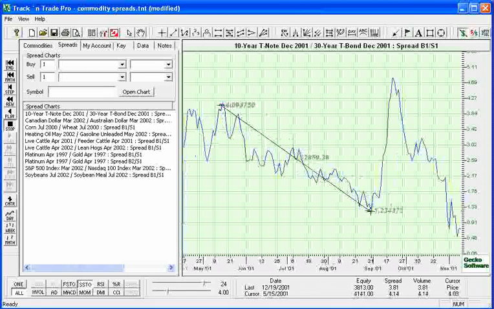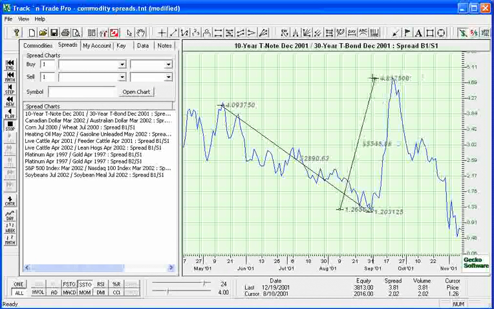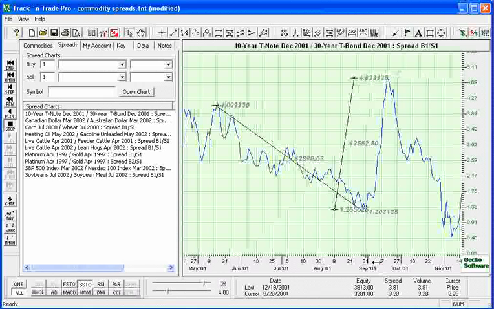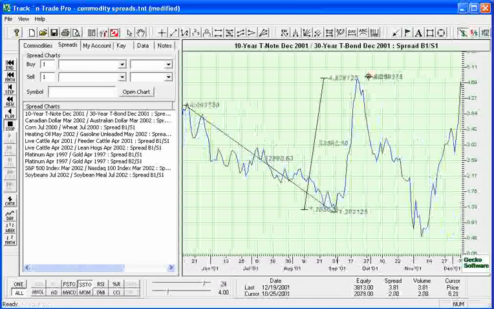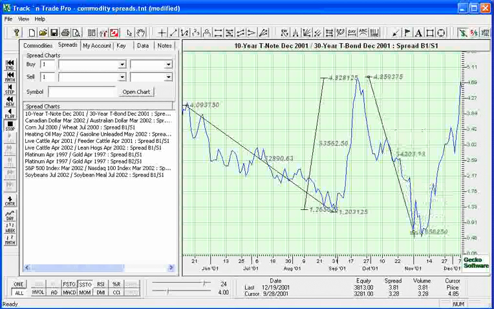Now, I do want to kind of preface this with the fact that currently, the U.S. Treasury has stopped issuing 30-year bonds. So this is one that may eventually go away as the supply of long bonds disappears and we're moving to a 10-year benchmark.